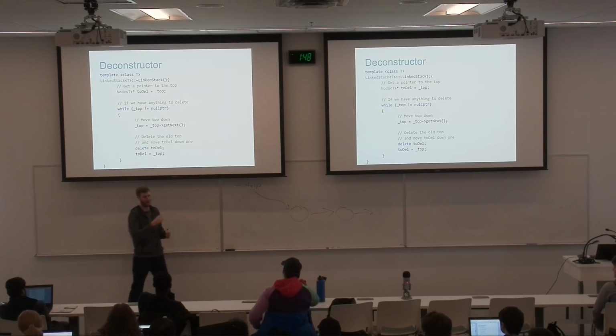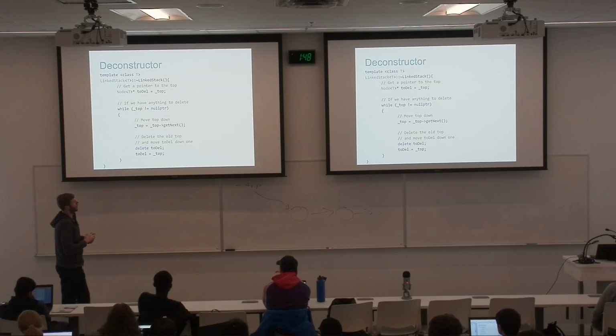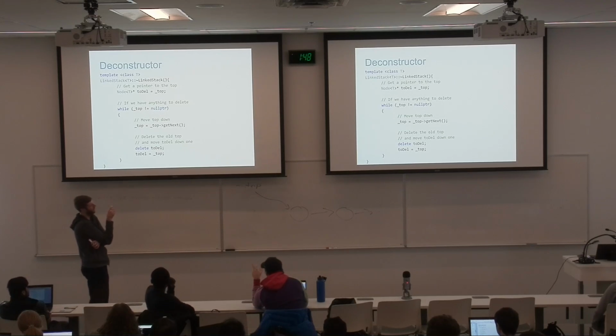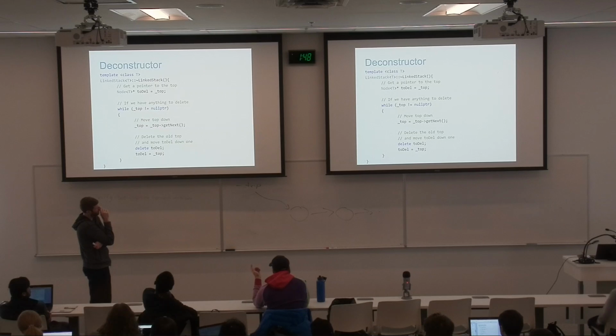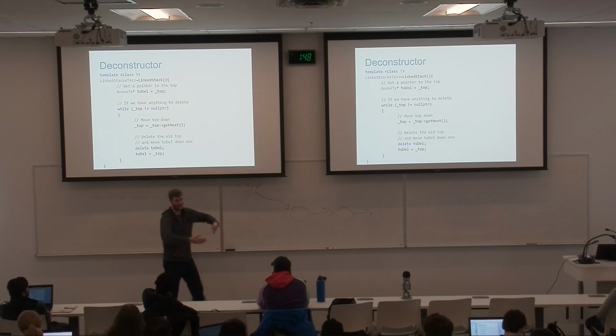Yeah? If you switch the lines there, delete and top equals top get next, would top get next still be able to get next? Say that again. If you switch the delete with top equals top get next, would you still be able to get next? No, because if I deleted toDel, top and toDel would be pointing to the same thing.